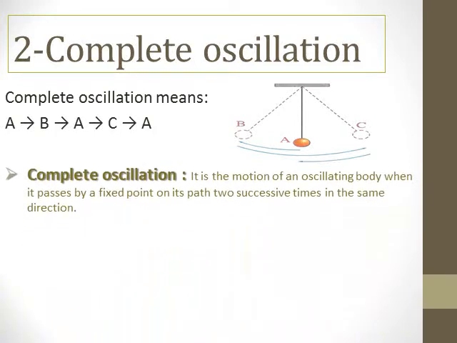So you can say that complete oscillation is the motion of an oscillating body when it passes by a fixed point on its path 2 successive times in the same direction. Complete oscillation includes 4 amplitudes.